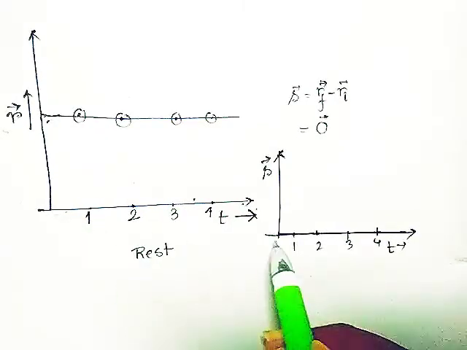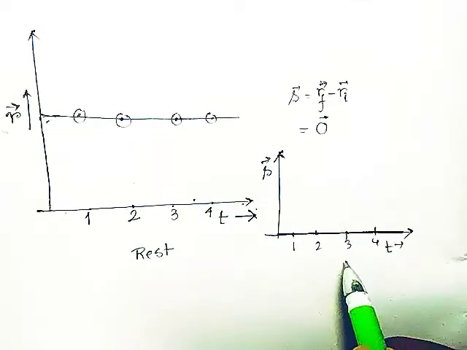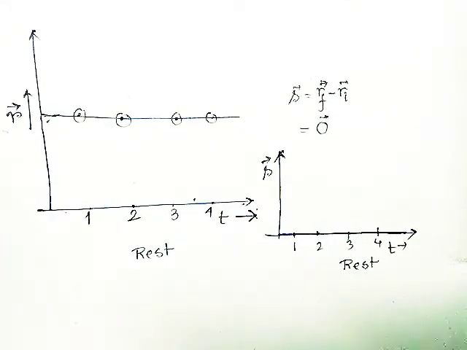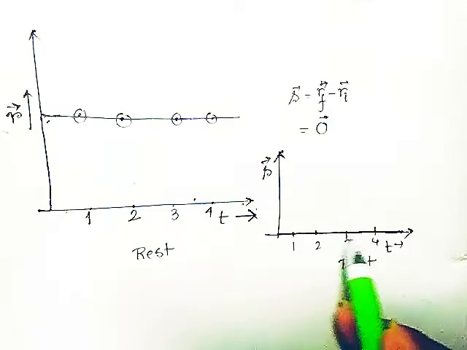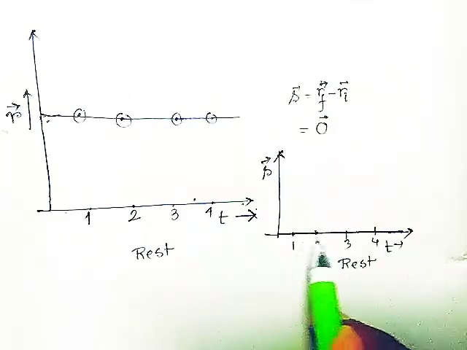Now if I draw the displacement versus time graph of that particular object, it is also representing rest. It is also representing rest. It is not only parallel, more specifically, it is along the time axis.